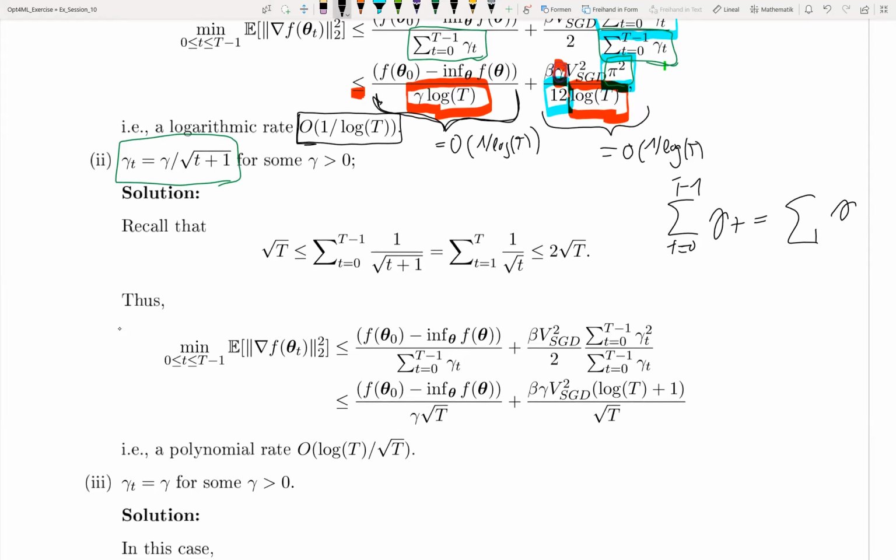This is gamma over square root t plus 1 with this choice, right? So this is how we choose it right now. So we have to think of what is going on for this series here.